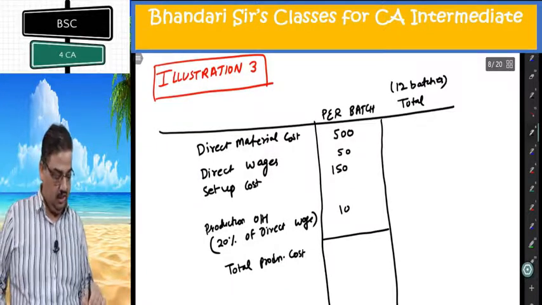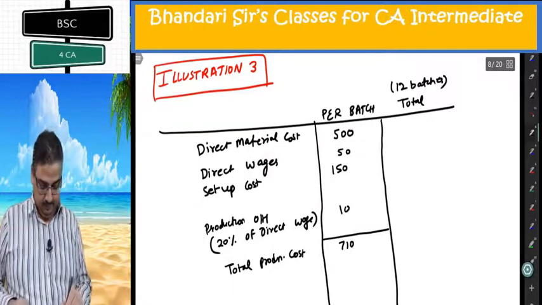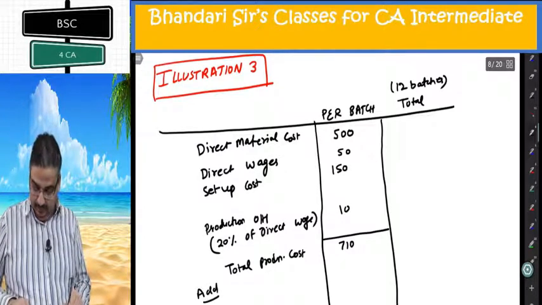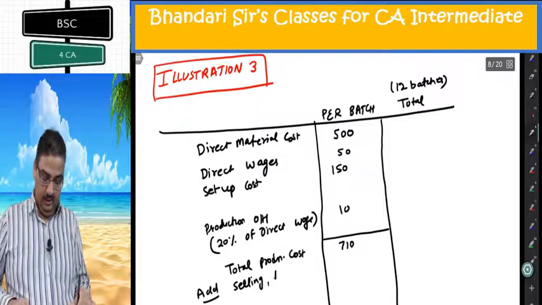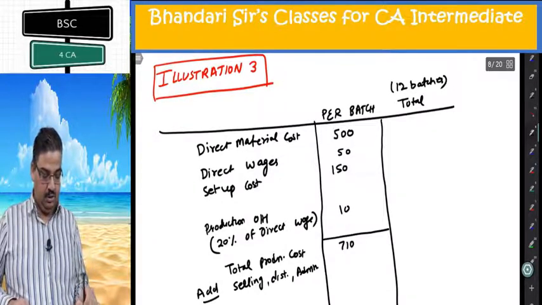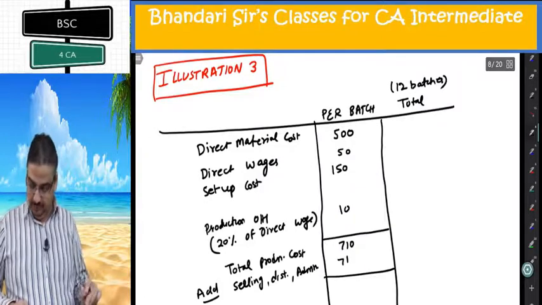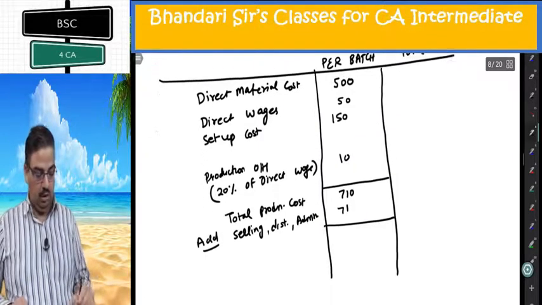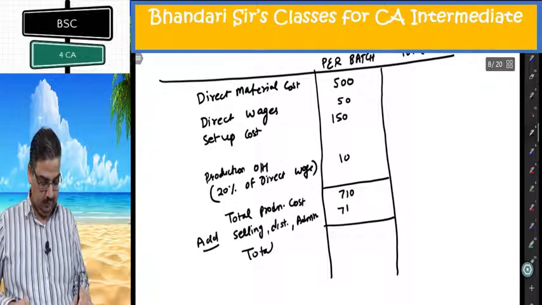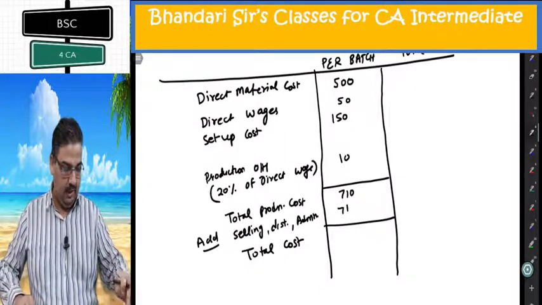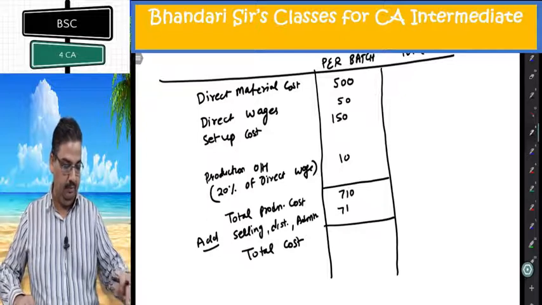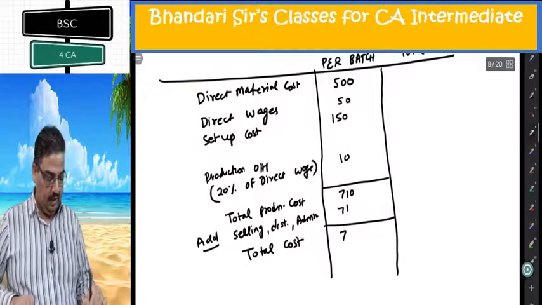This is 710. Add selling, distribution and administration, 71 rupees added. What I get is total cost. 710 plus 71. I am getting 781.